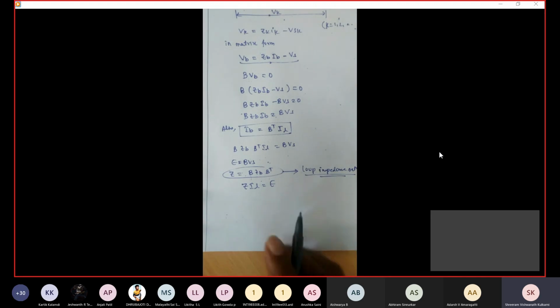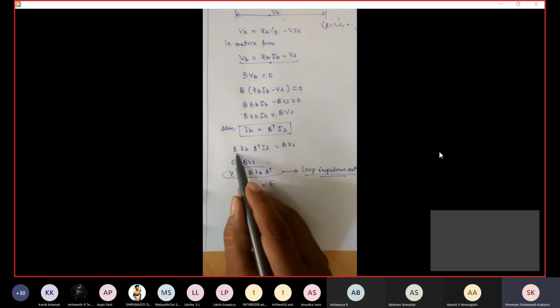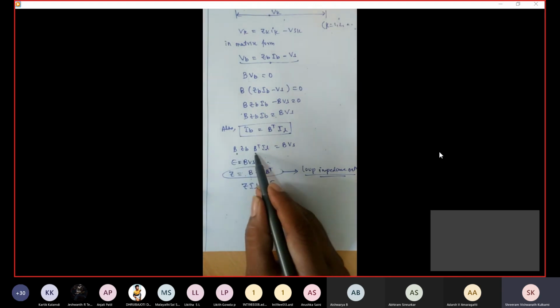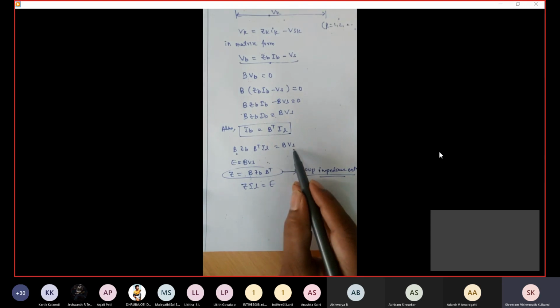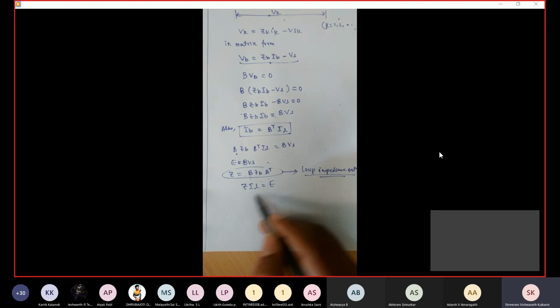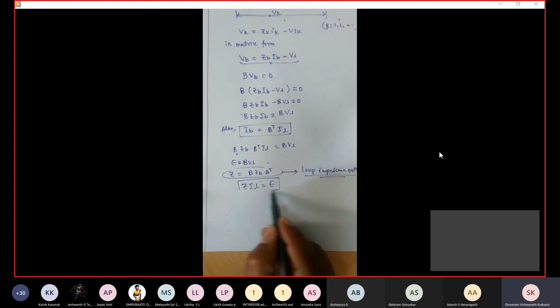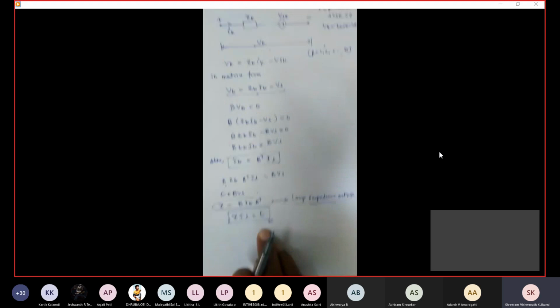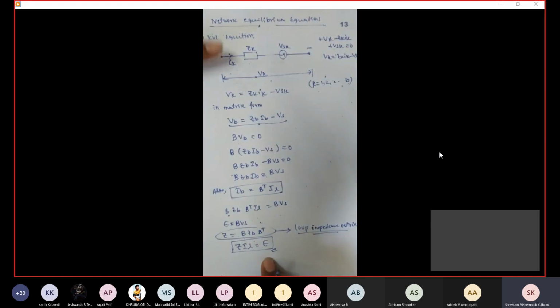B Zb B transpose IL equals to B into Vs, that is Z IL equals to E. This is my network equilibrium equation for this circuit.